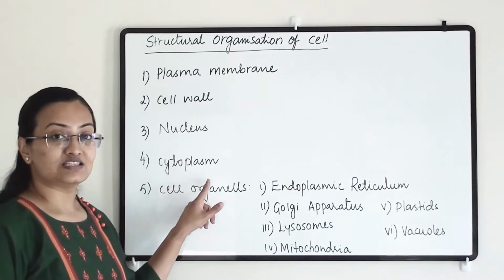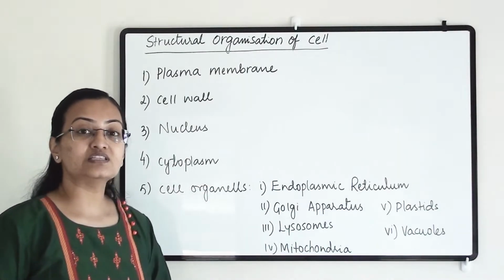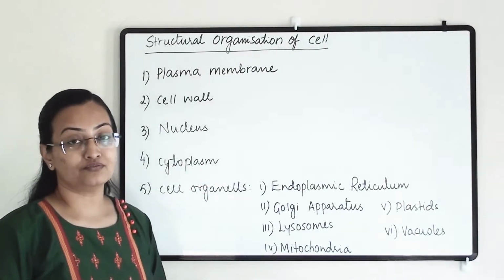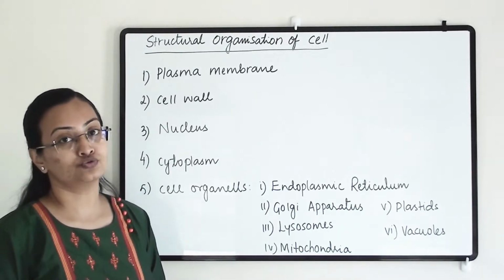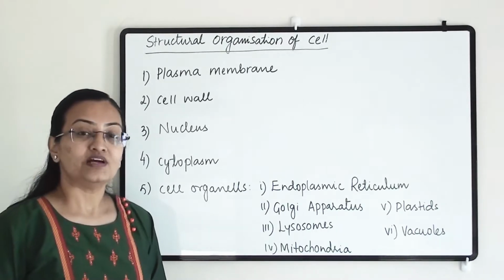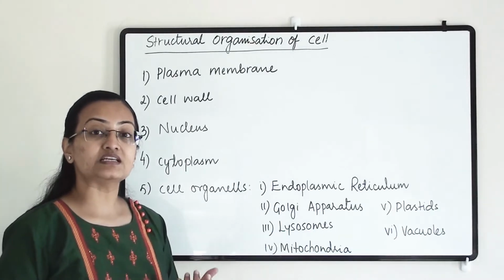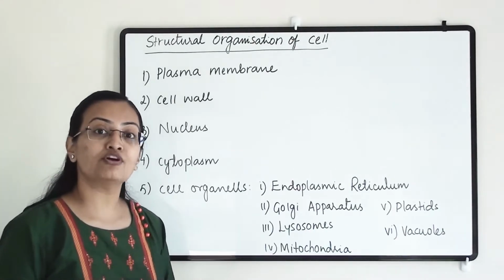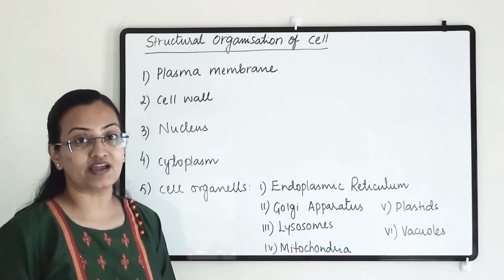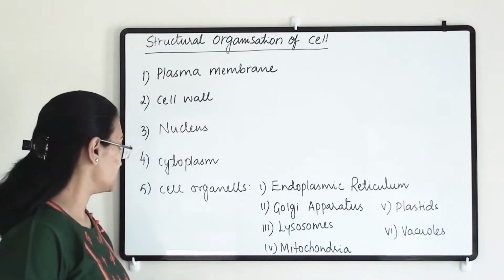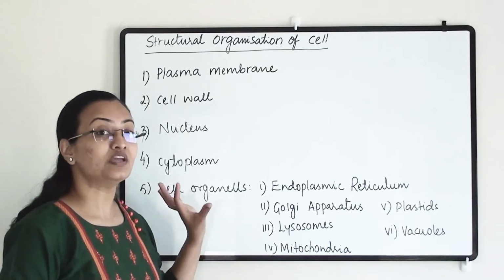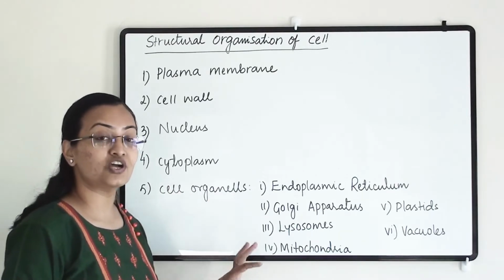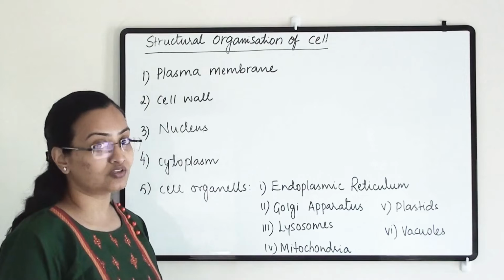Fourth one is the cytoplasm. Cytoplasm is a very important part of the cell and it gives a fluid structure to the cell. Cytoplasm is a fluid present inside a cell in which a number of organelles float and perform their activities. Then fifth are some of the important cell organelles which perform their functions for the cell.